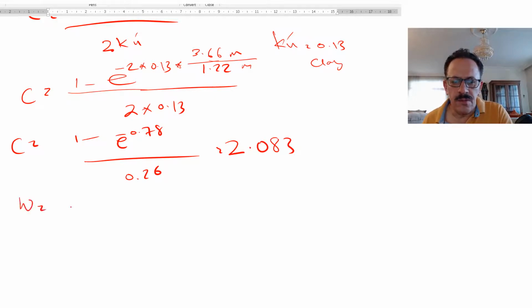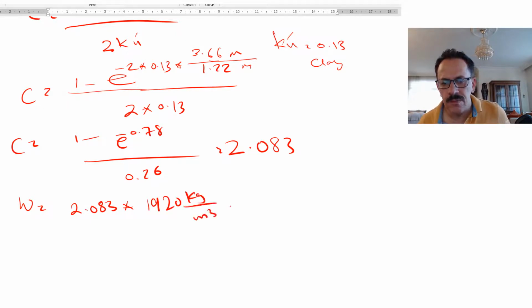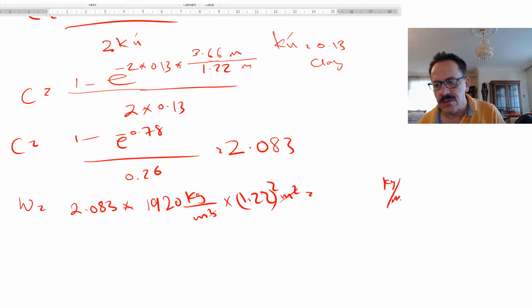Now the W, or the load that we have, will be 2.083 times the weight of 1920 kilogram per meter cube, and times B square, which is 1.22 square. This is meter square, and then we will have kilogram per meter.